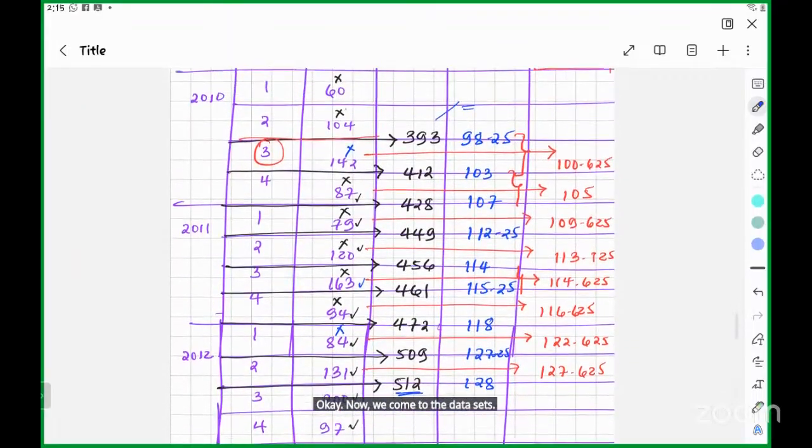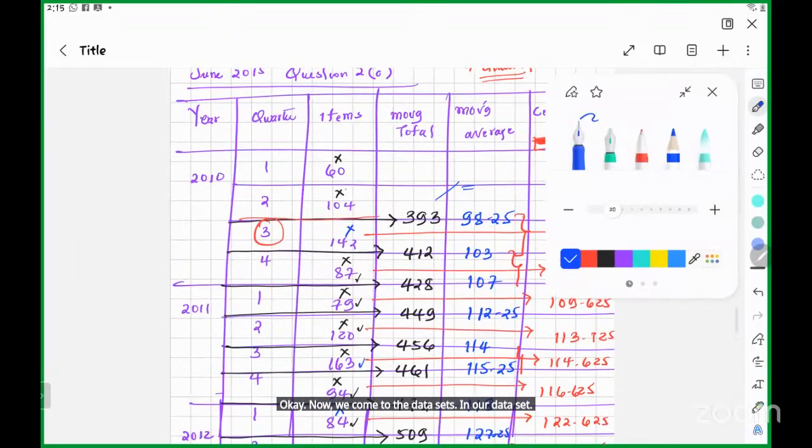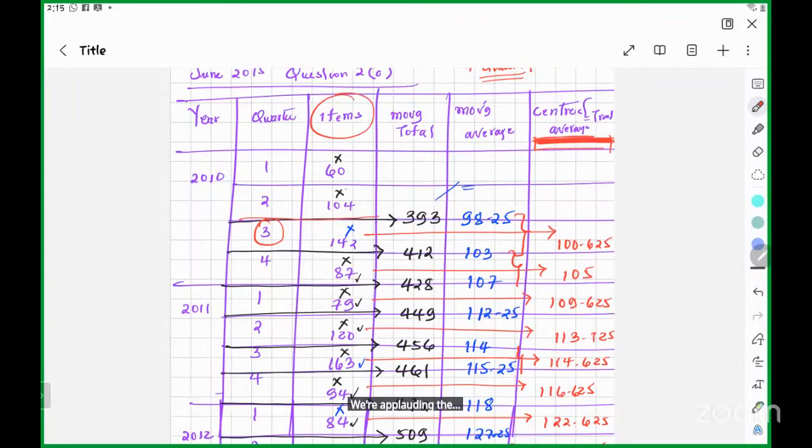In our data set, we are plotting the items and the centered averages. Okay, the items and the centered averages. Come again?